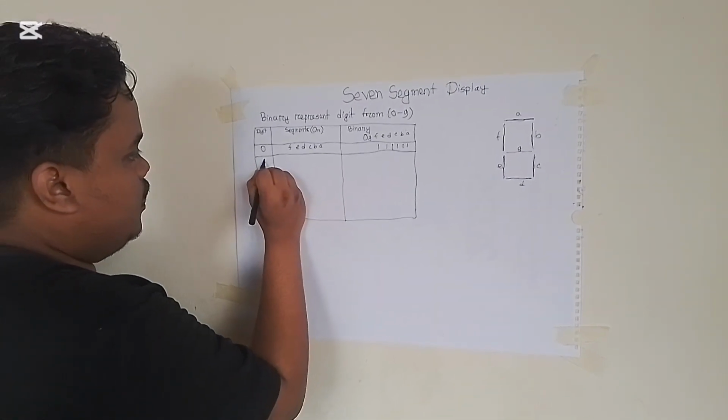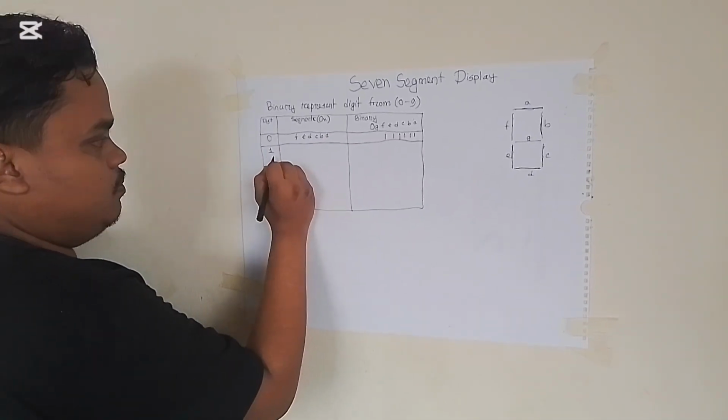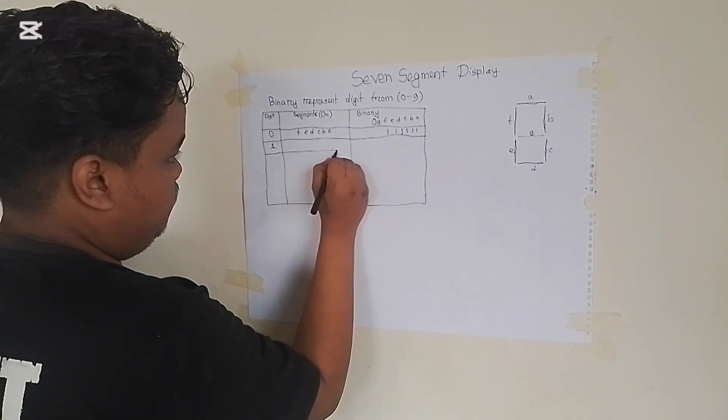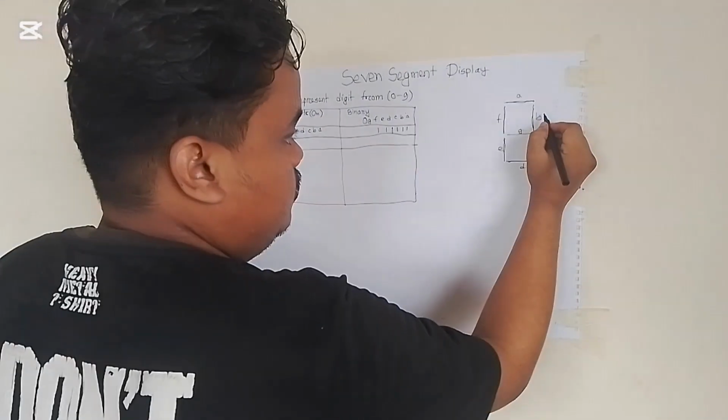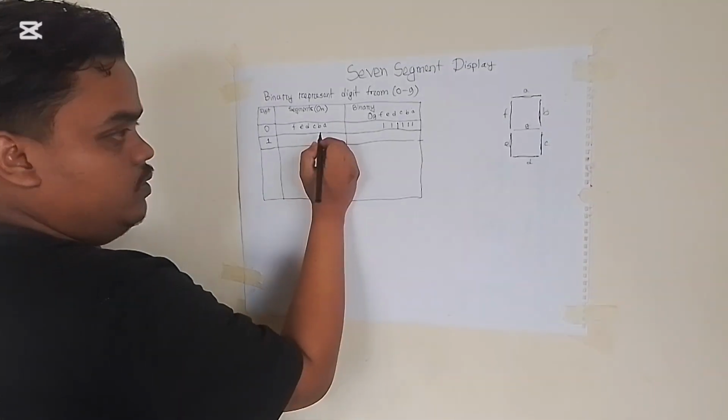And here we again find the value for 1. For 1, here only B and C are 1.